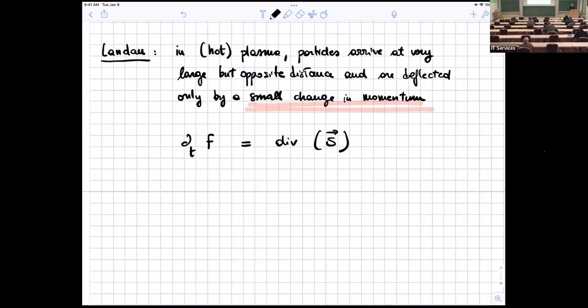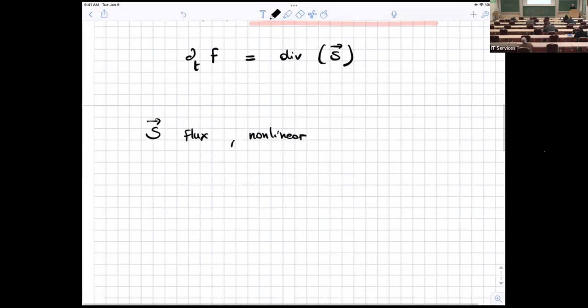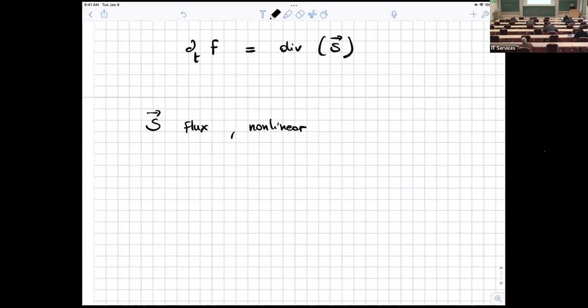So he said the main operator is in the Fokker-Planck form, and S is the flux. Of course, it's now a nonlinear flux. So Landau's effort was basically to find out what S is.